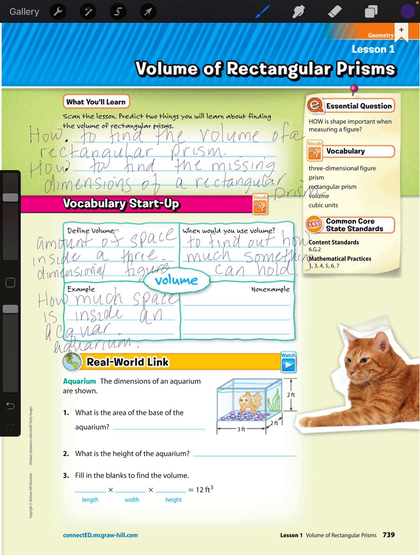But a non-example would be if we're just looking at how much space is on the floor of the aquarium, that would be a non-example. So let's write that.